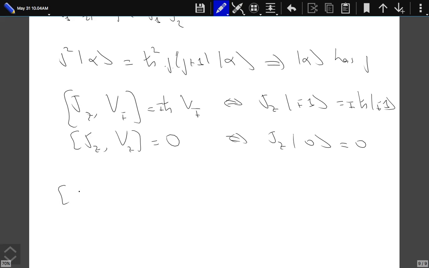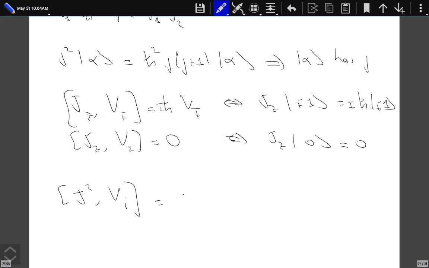So let's look at the commutator of J squared with, which one would you like? Well, let's try with Vi.